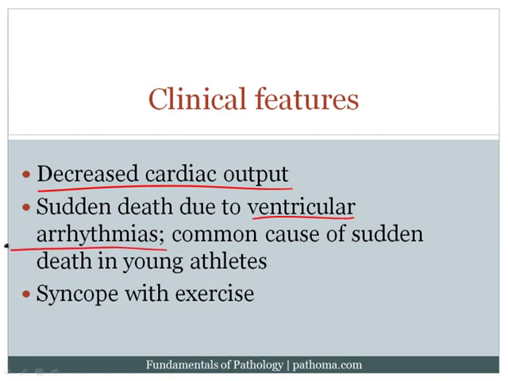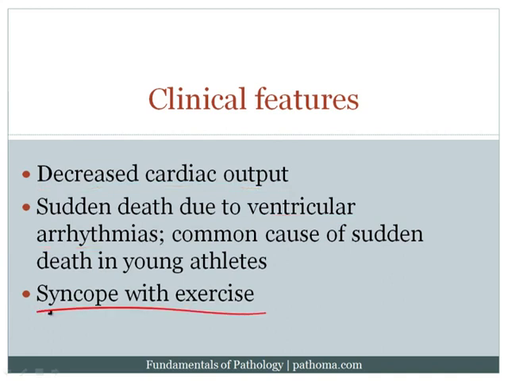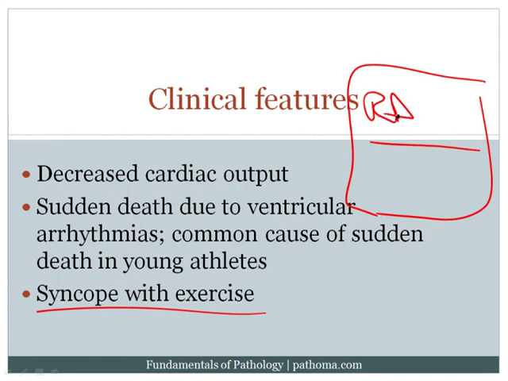This is the most common cause of sudden death in young athletes, and we're all aware of those athletes that are playing on the field and all of a sudden pass out. And that's classically due to a hypertrophic cardiomyopathy. Another complication is syncope with exercise. We can illustrate that very quickly. Right atrium, right ventricle, left atrium, left ventricle.